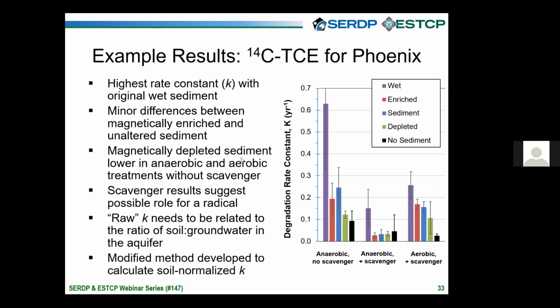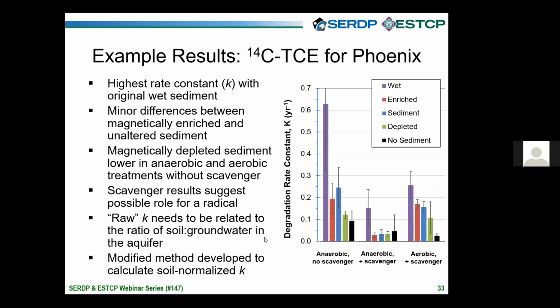However, the magnetically depleted sediment was definitely lower in the anaerobic and aerobic treatments without the scavenger present. The scavenger results were lower, and that clearly suggests that there is a possible role for the hydroxyl radical in the abiotic degradation of TCE.